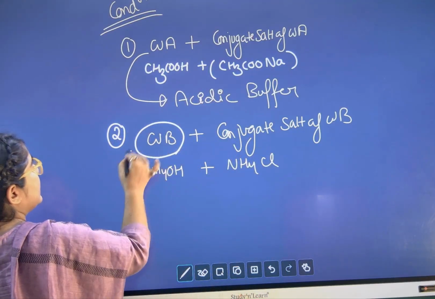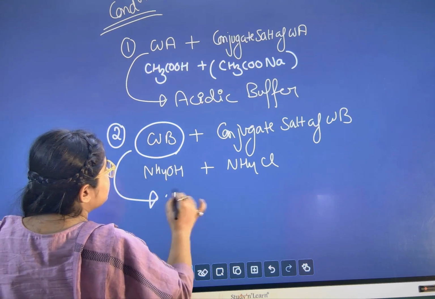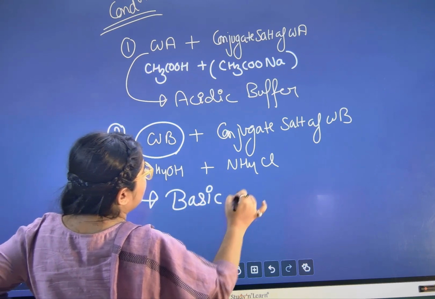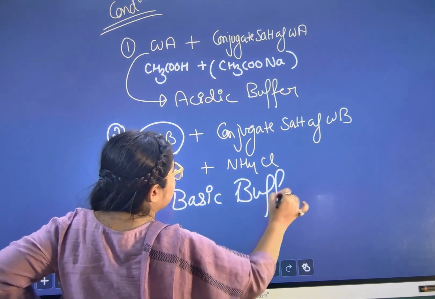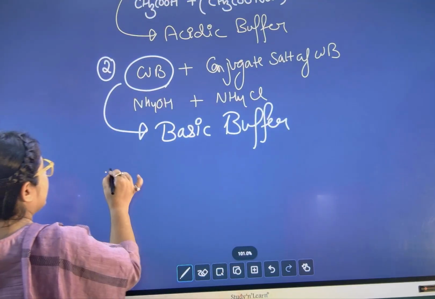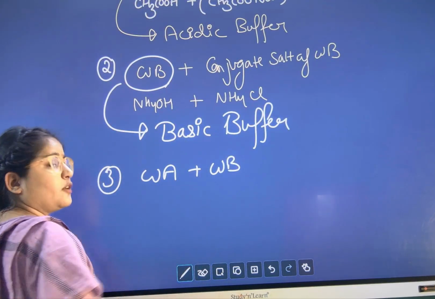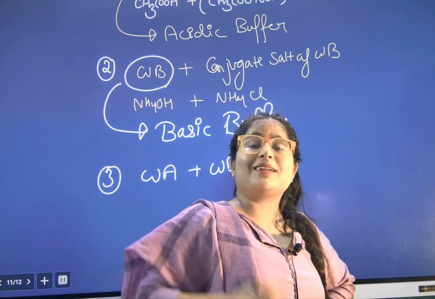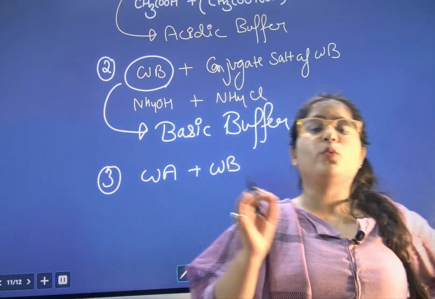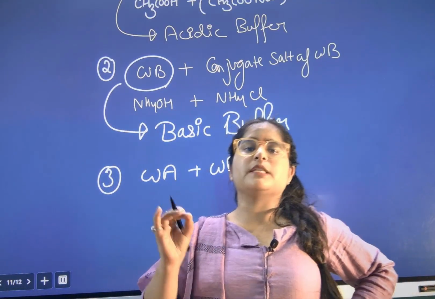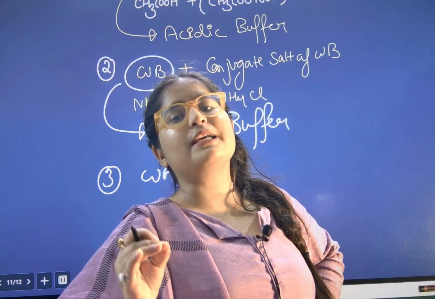Since I am taking a weak base, what type of buffer is it? Basic buffer. And the third case can be when we are taking weak acid plus weak base. That can also behave as a buffer. So what are the three conditions for buffer? Weak acid plus salt, weak base plus salt, and weak acid plus weak base.